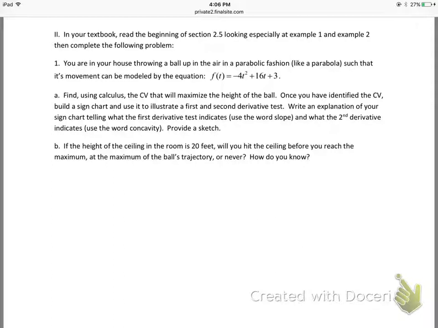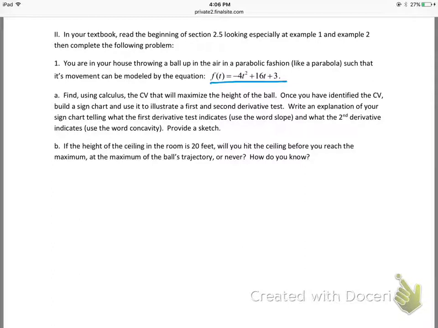Okay, so this says, if you are in the house throwing a ball up in the air in a parabolic fashion, such that its movement can be modeled by this equation, so here's our equation, find, using calculus, the CV, so the critical value, that will maximize the height of the ball. So I'm looking at that.